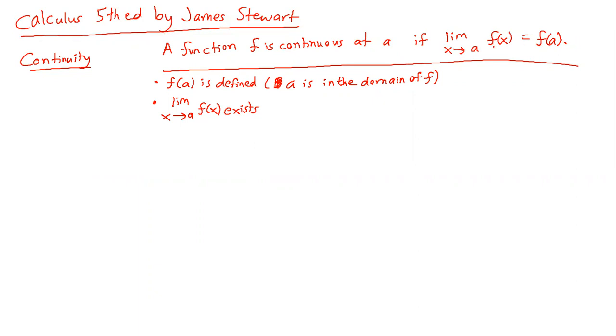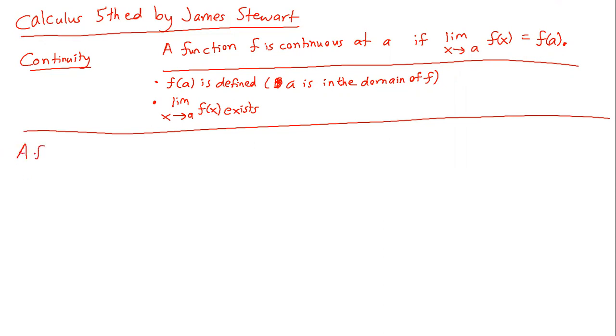If you make these small changes smaller and smaller, then you will get smaller and smaller changes in f of a. We can see how that is implied by this limit here.